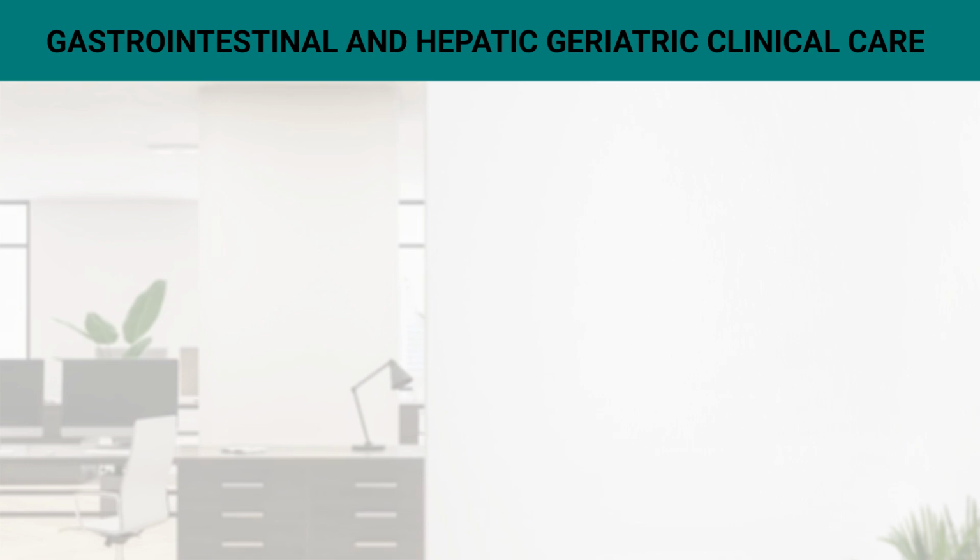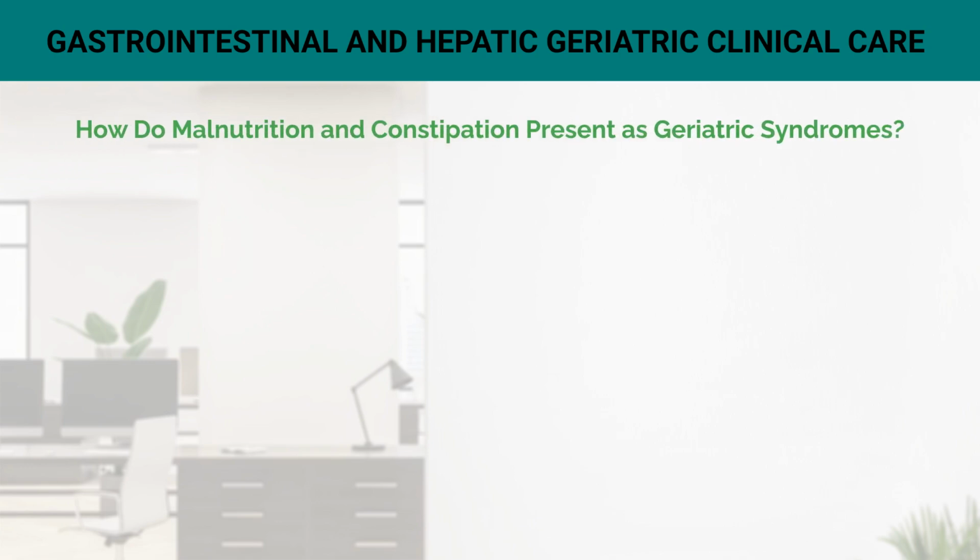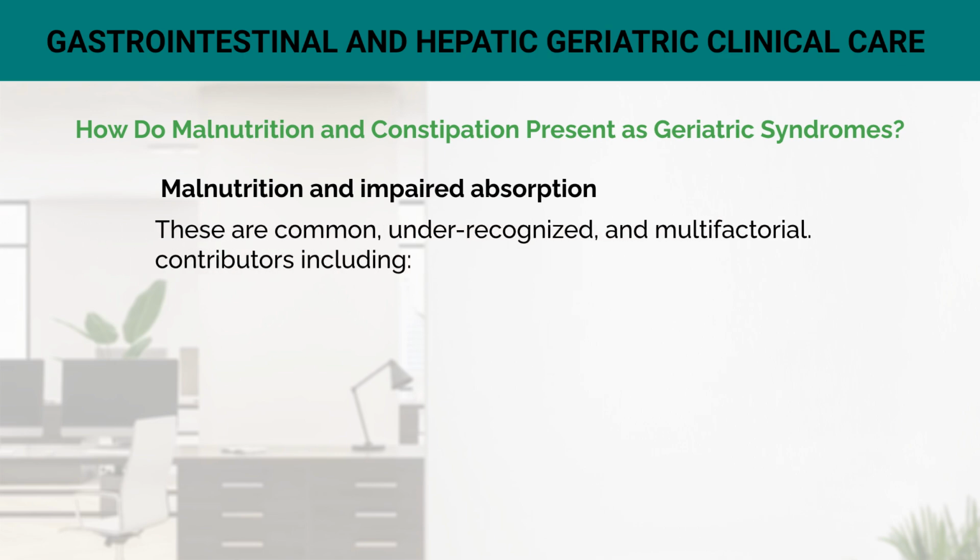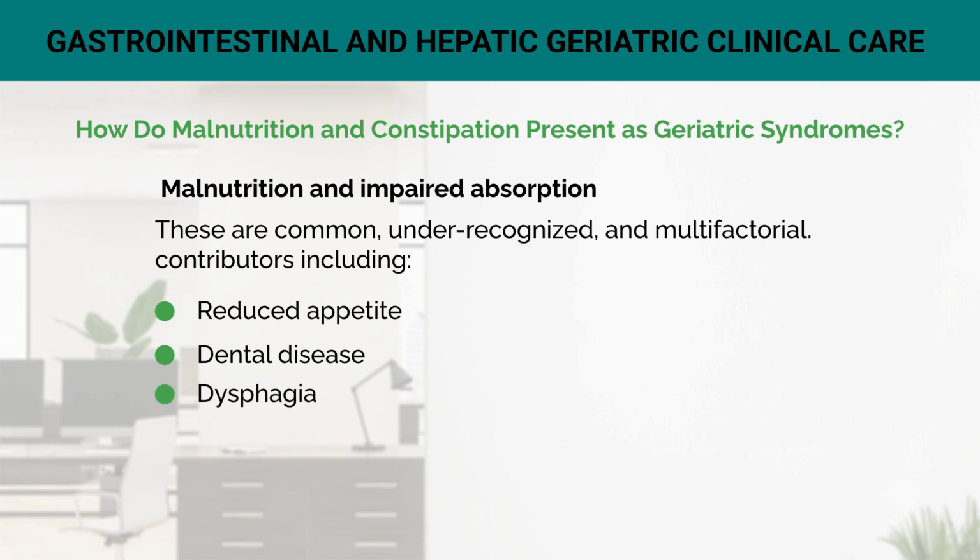Let's continue with how malnutrition and constipation present as geriatric syndromes. Malnutrition and impaired absorption are common, under-recognized, and multifactorial, with contributors including reduced appetite, dental disease, dysphagia, depression, social isolation, and chronic illness.